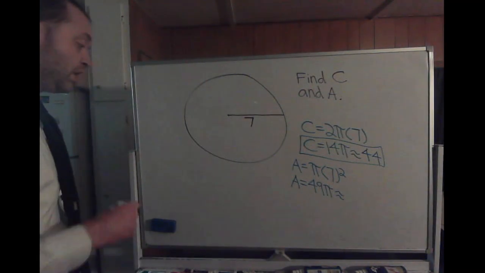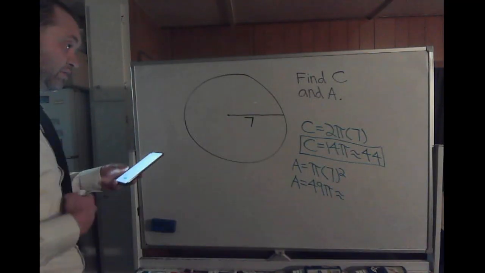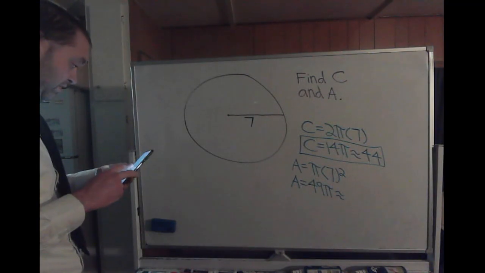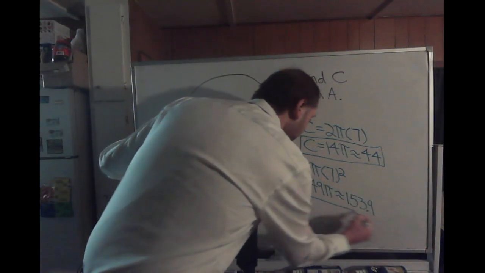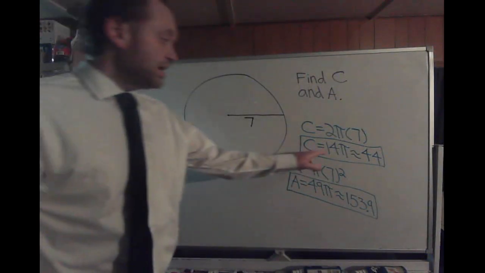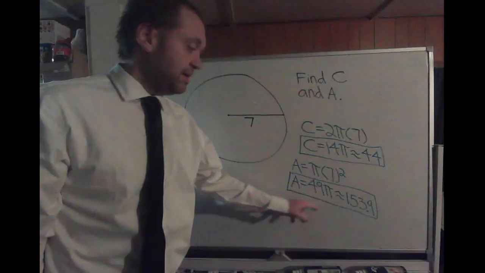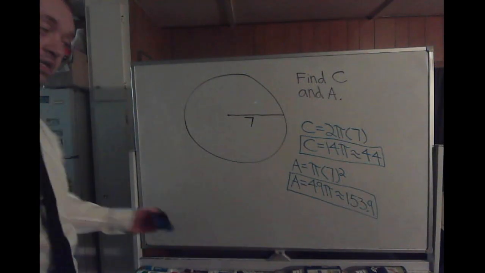But we can get a decimal approximation to the nearest 1 decimal place, which would give you about 153.9 square units. I'm doing the decimal approximation so you can see about exactly how big it is with pi. So the circumference is approximately 44 units. The area is approximately 153.9 square units.